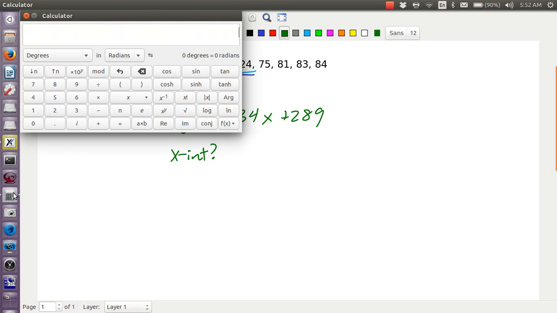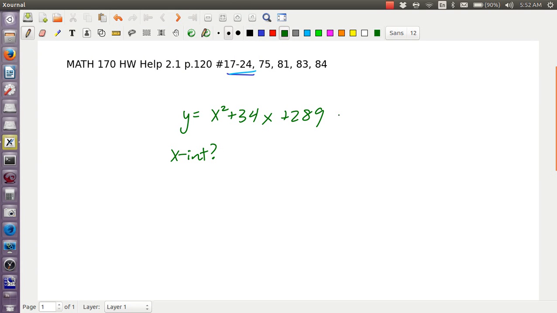Maybe 289 is 17 squared. Maybe we're going to get lucky. And there you go. 289 is 17 squared. So we're going to get really lucky here. Woohoo! X is equal to -17 is a double root, or a double x-intercept.